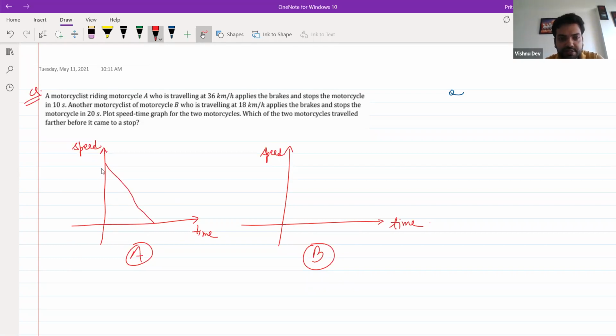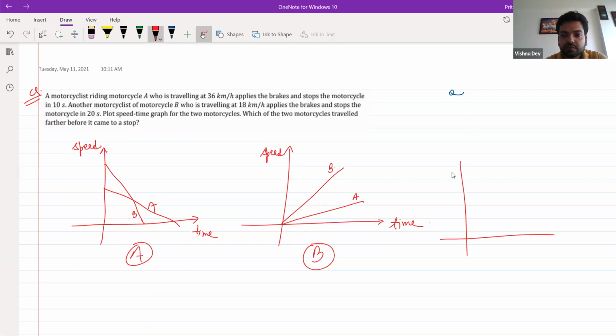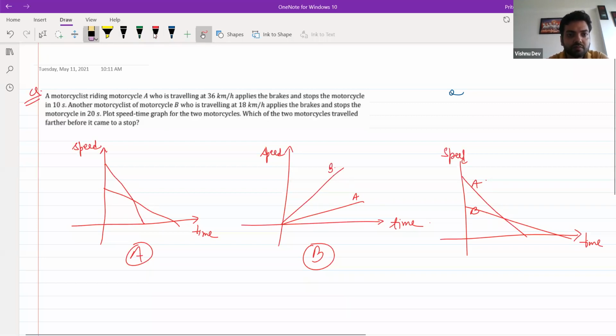Both will take the same distance. Of course you all can calculate here from the data as well.